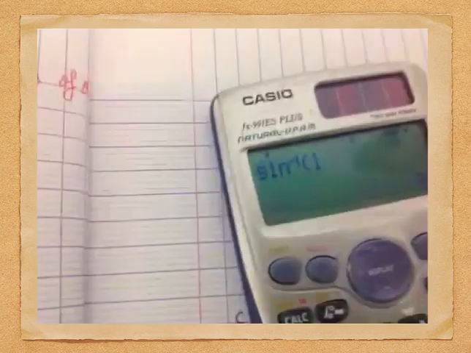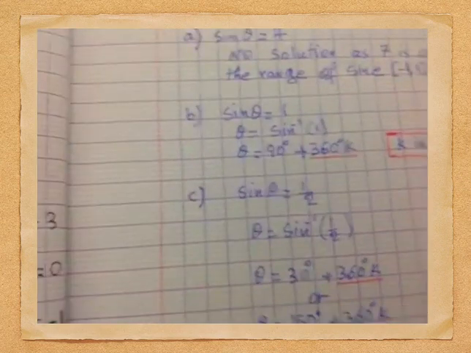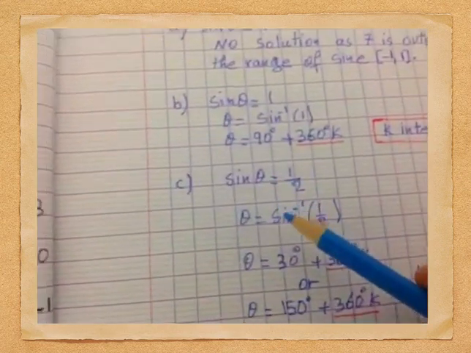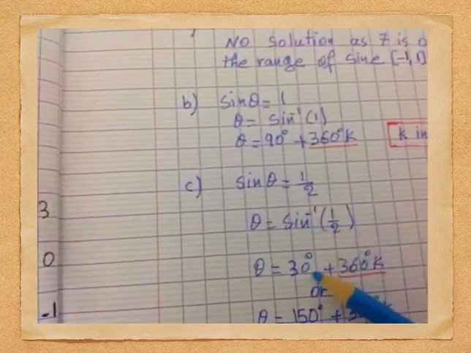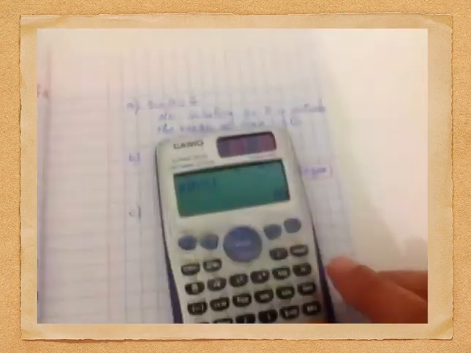And this is true for any value. For example, if you try to find sine inverse of half, which is 30 degrees, you do the same on your calculator.